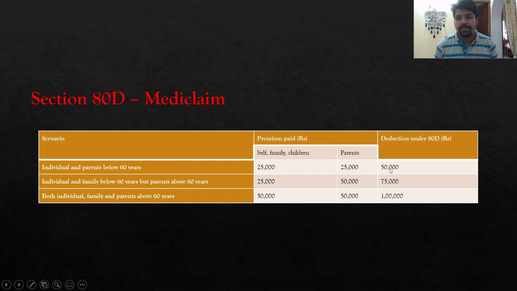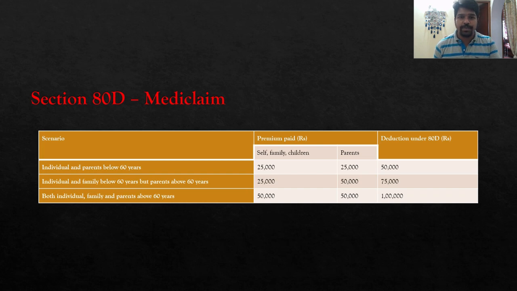So the maximum limit under 80D you can claim is 50,000. And suppose you took 25,000 for yourself, and your parents are senior citizens, for them you can claim up to 50,000. So total 75,000. In the third scenario, if you and your father are also senior citizens, the limit is 50,000 each. So total 1 lakh you can claim as health insurance premium only.